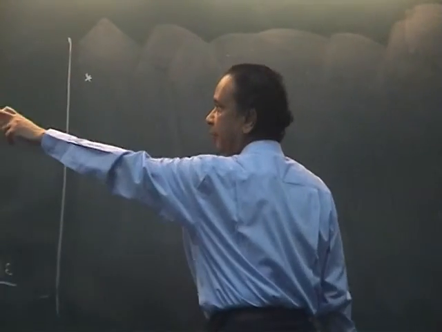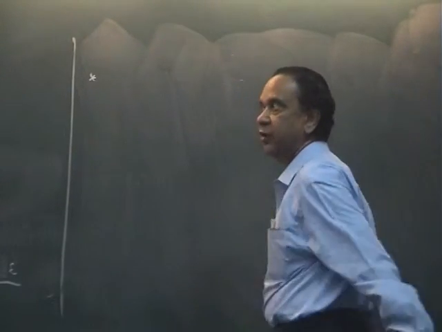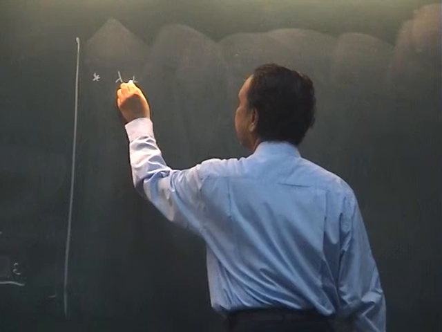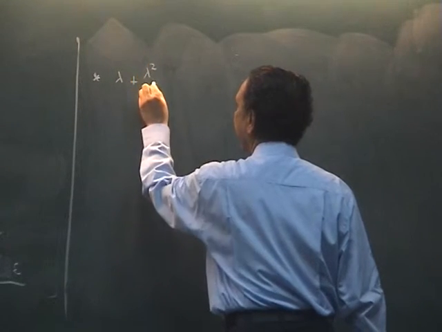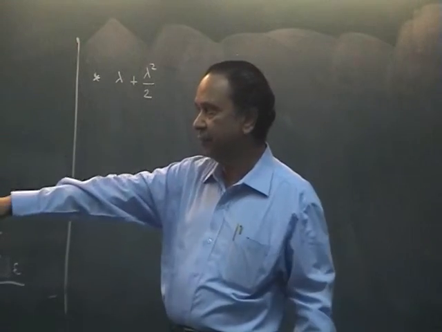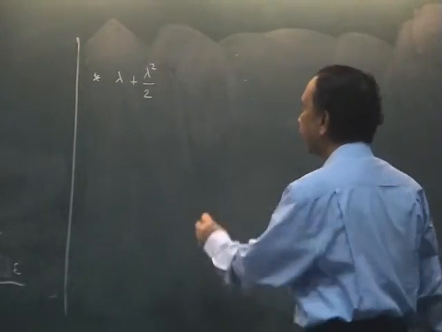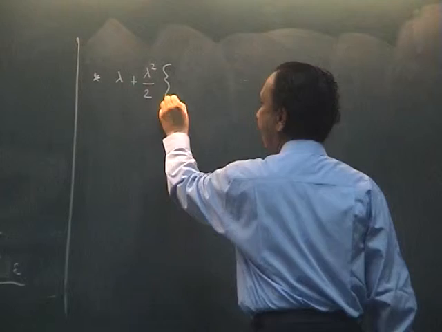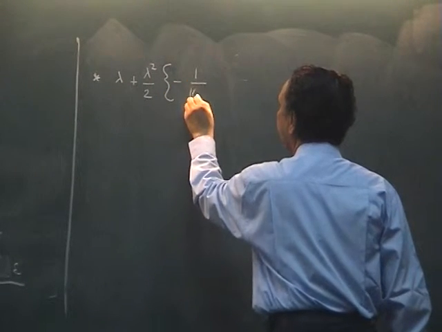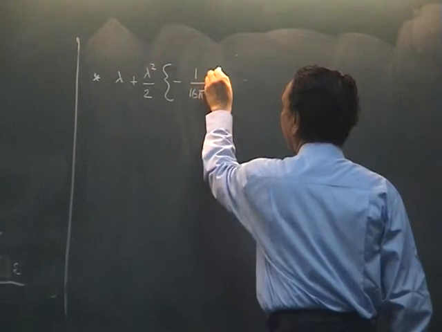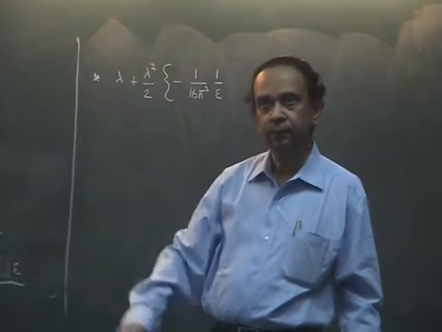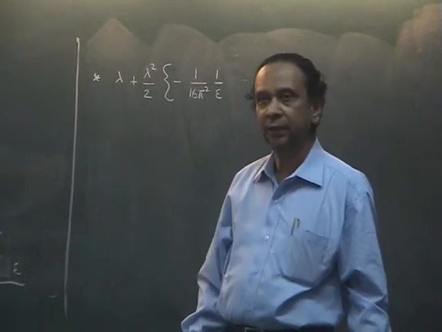The expression which we want to calculate, which is going to replace your lambda, will be lambda plus lambda square by 2 and minus 1 times that is what we have evaluated, and you find that that term is minus 1 upon 16 pi square 1 over epsilon, which is here, plus a finite part.